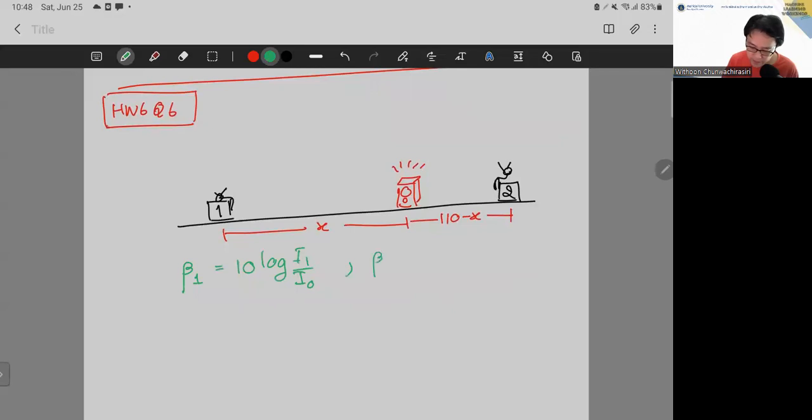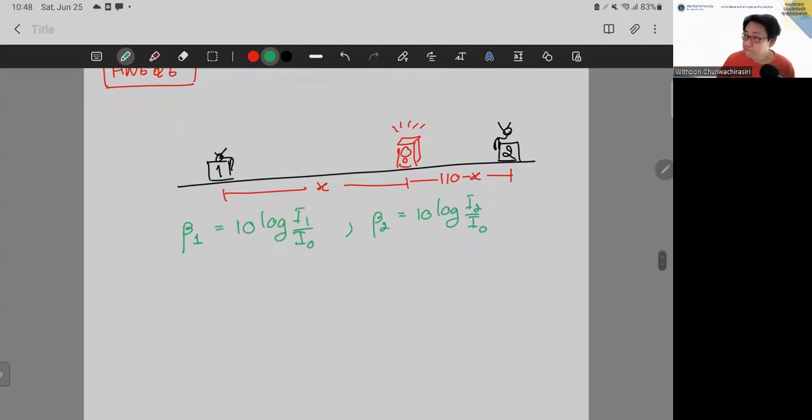Same for the second observer, beta 2 equals 10 log I2 over I0. Now all you have to do is solve these two, because beta 1 is given to be 60 and beta 2 is given to be 80. Let me write that down.